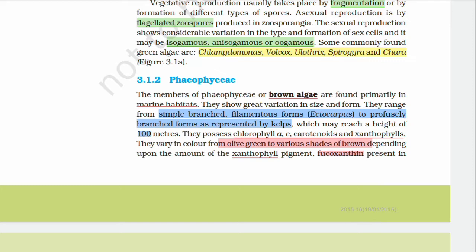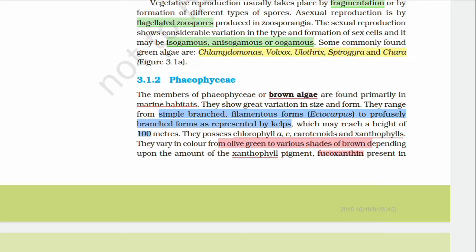We have already seen that kelps form a massive plant body and may grow up to a height of 100 meters. In this, they have chlorophyll A and C, carotenoids, and xanthophylls. We have seen in Chlorophyceae we have chlorophyll A and B. Phaeophyceae have chlorophyll A and C. They vary in color from olive green to various shades of brown.